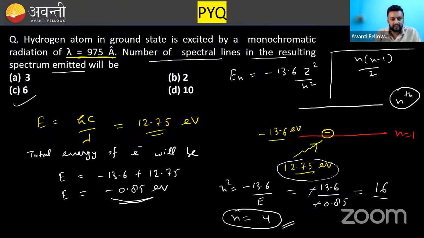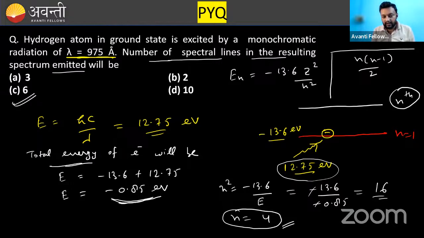So which option is correct here? 6 is correct. Now this is a very important question. C. Very good, Gauri. Can you understand what's happening here? Whenever the electron receives some energy, first of all, you need to calculate the total energy of the electron.